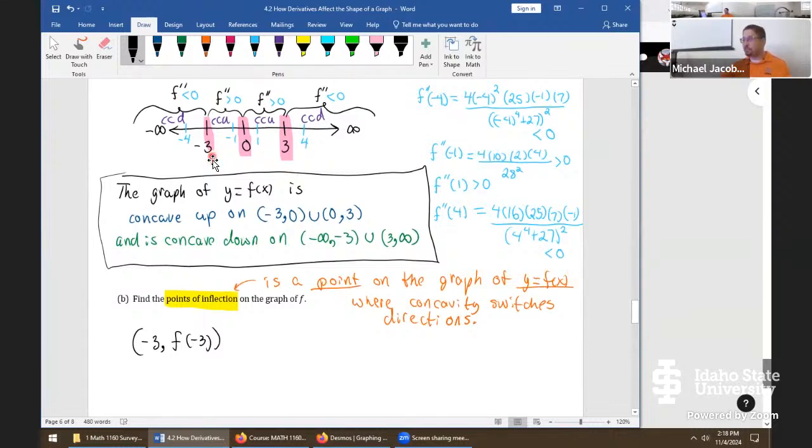Here's where it gets a little bit tricky though. We said it's concave up here and then concave up here. That means 0 is not an inflection point. Concavity never changed on this graph. And that's weird enough, we should say it here down below.